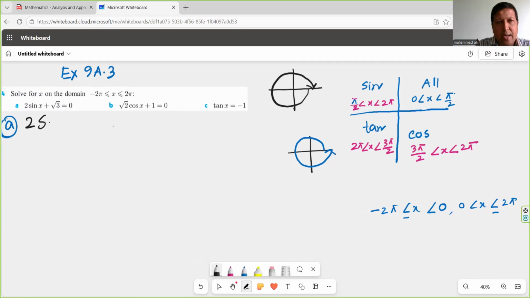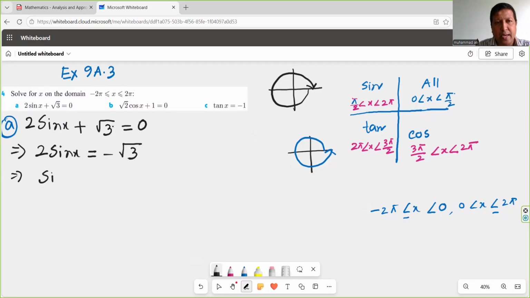Now the first one, 2 sin x plus root 3 equals 0. Now 2 sin x equals minus root 3.